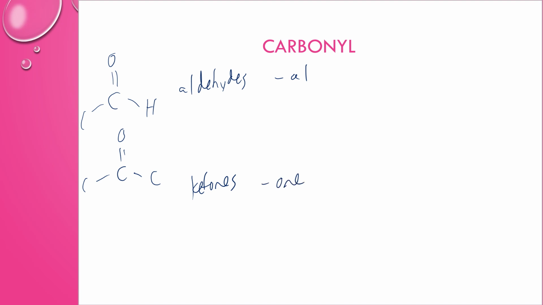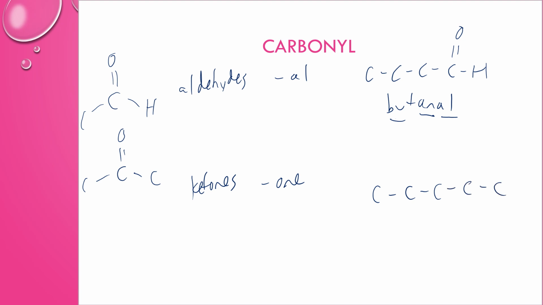So let's say I have something like this. This would be butanal because it's 4 carbons, single bonds, and an aldehyde. Let's say I have one like this. Okay, so that's a ketone.